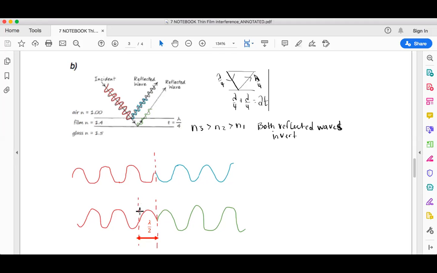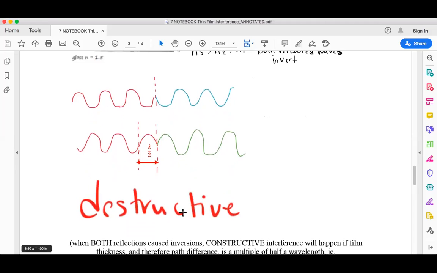And it's a half a wavelength. And then, because glass is even slower, light through glass is even slower than light through a film, there's going to be inversion. And now you can see what's coming out of the air, the two reflected waves, they are perfectly out of phase, which means there's destructive interference.